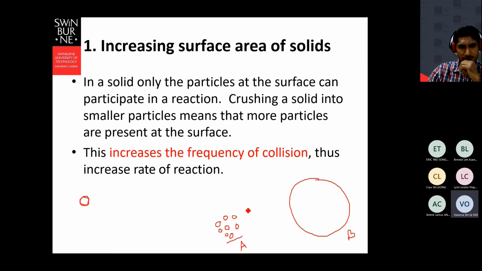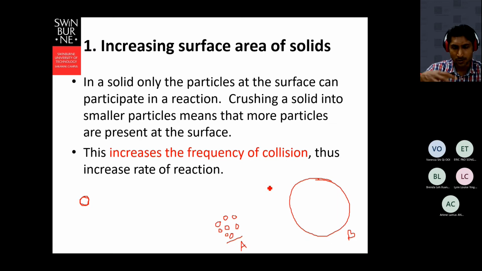The smaller one. Yes, okay. So if we break this big ball into many smaller particles, they will have higher surface area. So if we increase the surface area, why will it have more reaction?